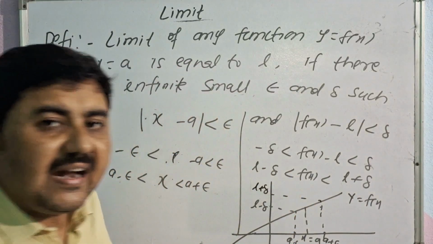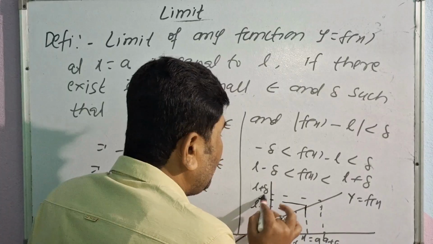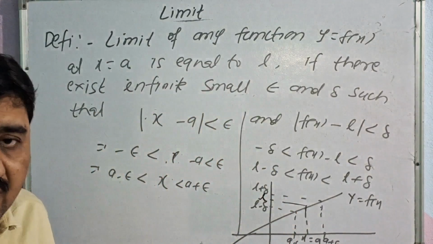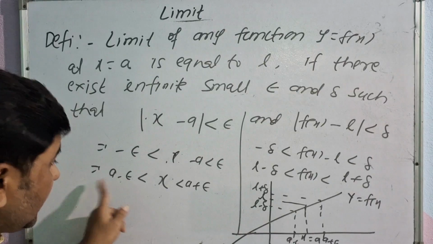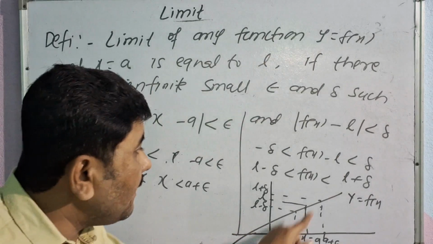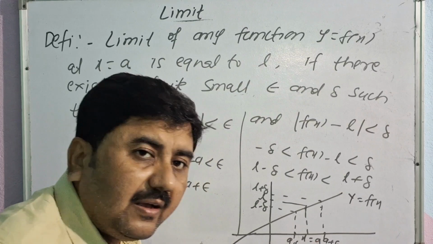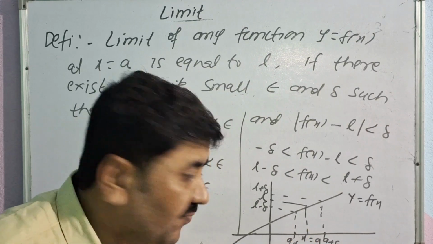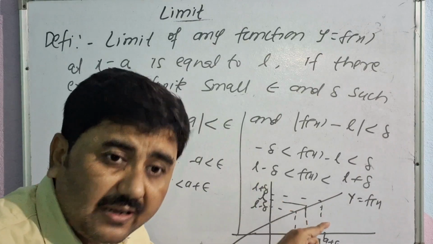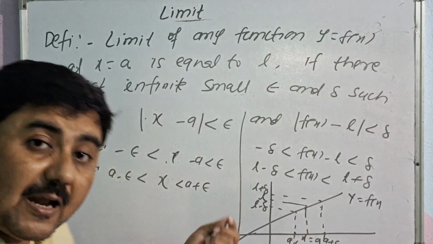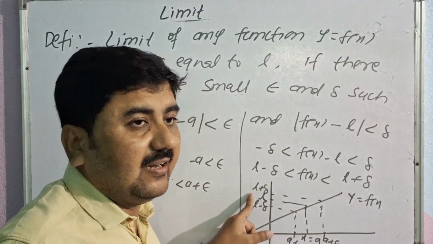Then at x equal to a the value of limit is equal to L. Understand? When the value of x is a minus epsilon, then the value of f(x) is L minus delta. If the value of x is a plus epsilon, then the value of f(x) is L plus delta, then the value of limit x tends to a of f(x) is equal to L. This is the definition.